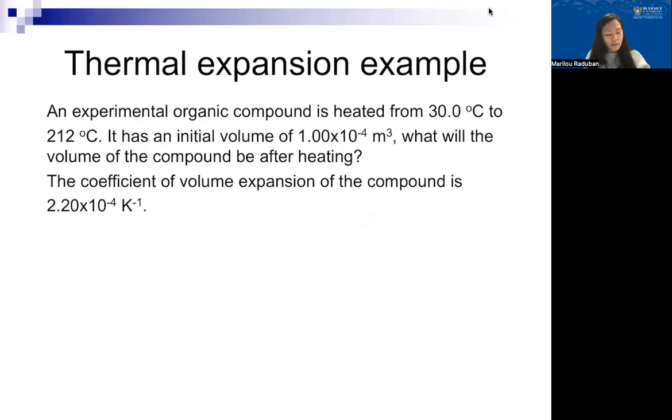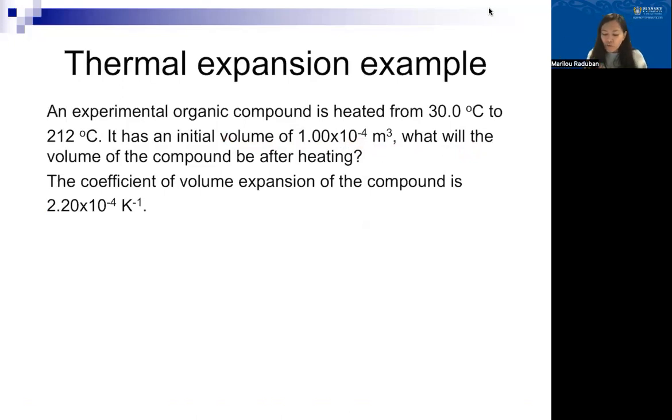So an experimental organic compound is heated from 30 degrees Celsius to 212 degrees Celsius. So there's an increase in temperature there. Initially, the volume of the compound is 1 times 10 to the minus 4 cubic meters. We know that when the temperature of that compound increases, that compound will expand.